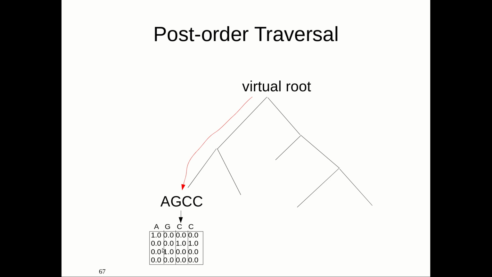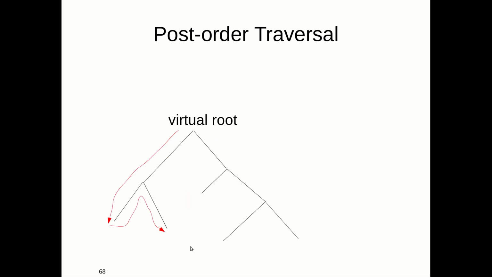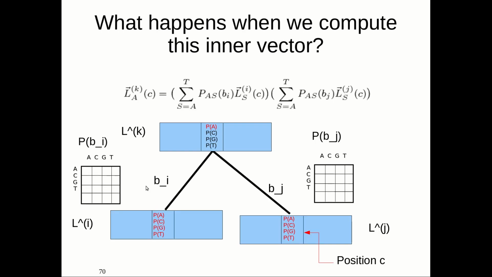G has a 1.0 at the third position, etc. So the conditional likelihood vectors at the tips are very simple and always have this form. Then we continue our traversal, and every time we visit an inner node for the last time, we can compute its conditional likelihood vector. And this is what this calculation looks like.